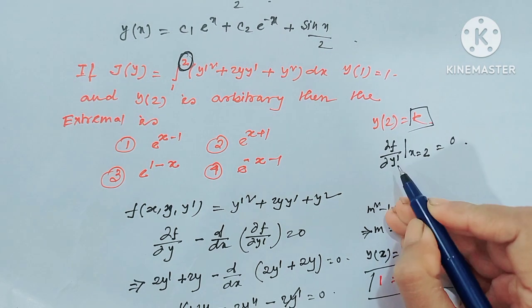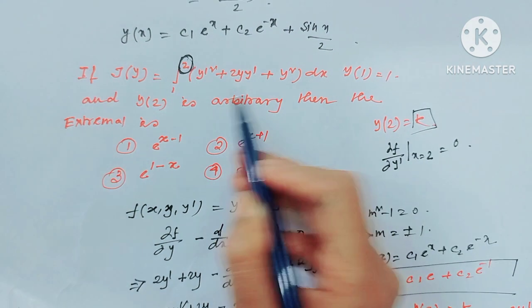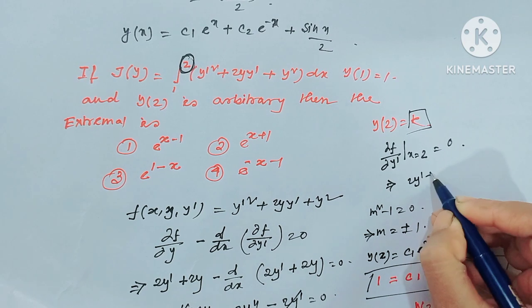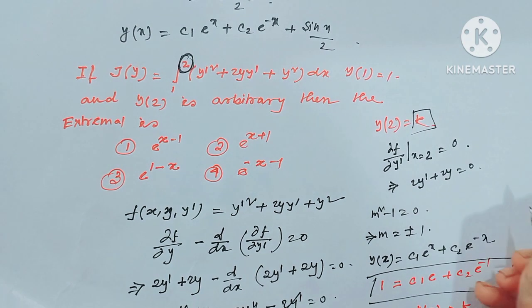And ∂f/∂y' in this functional means 2y' + 2y = 0.